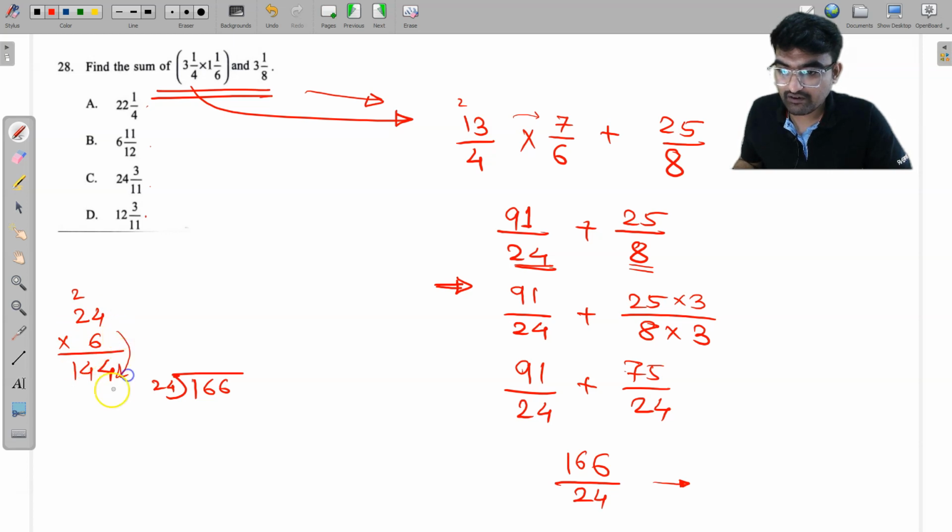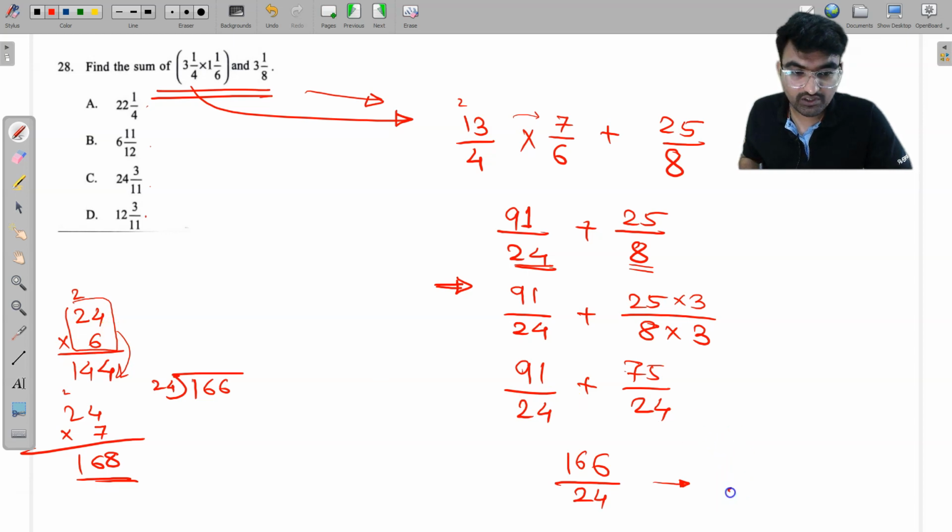So let's try one number after that. 24 into 7, carry 2, 7 twos are 14 and 2 is 16, 168. So 24 sixth, that's the only option, right? So we can write 24 and 6 here, and what is the remainder? That should be 22. Correct?